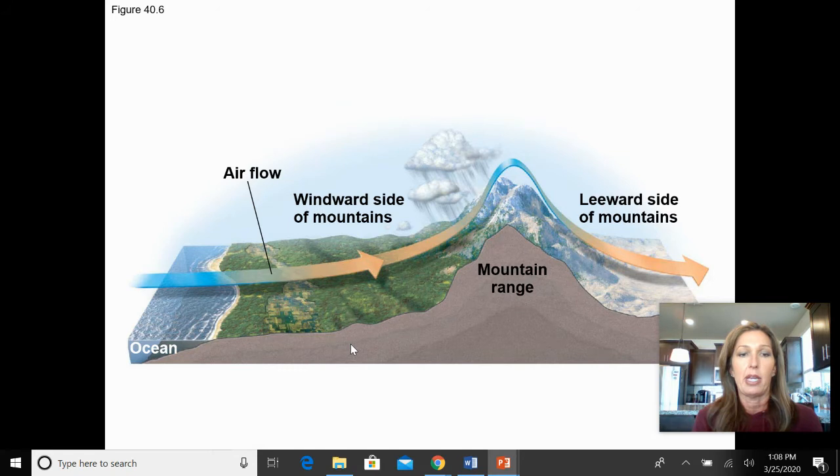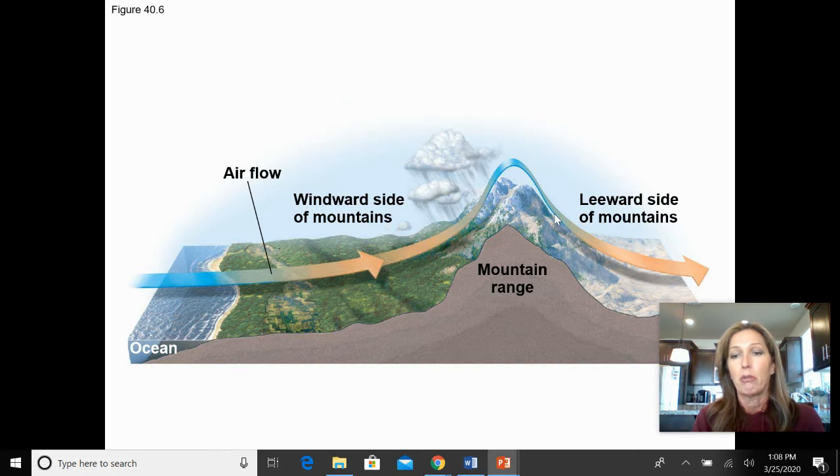Be aware of where mountains are. This actually very much reminds me of that drive up to Tahoe. So here we're in the valley, and we start getting up into Auburn in this particular area, and it's nice and green and lush and lots of chaparral. And then we get up to the mountains, and we get our temperate forests up there, and our coniferous forests.